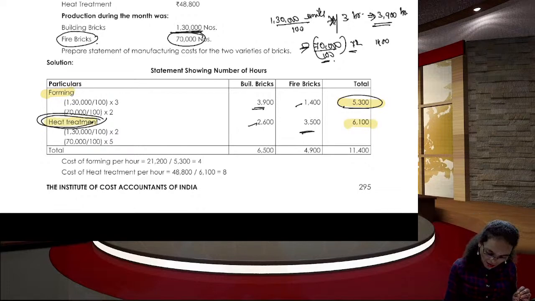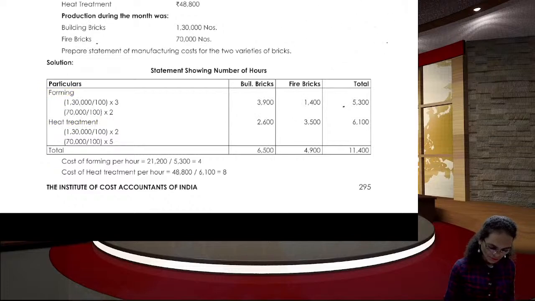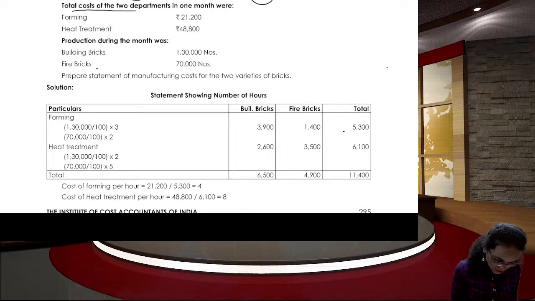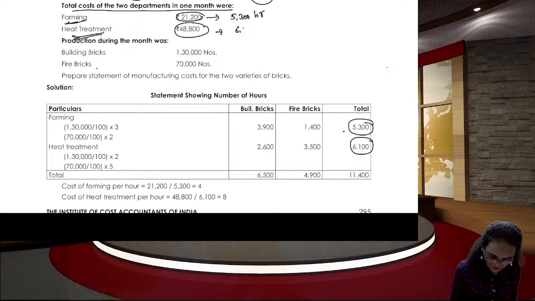For running these many hours, what is the cost we have incurred? We will see. The total cost of the two departments in 1 month is 21,200 for the forming, for running 5,300 hours, and for the heating 48,800, for running 6,100 hours.